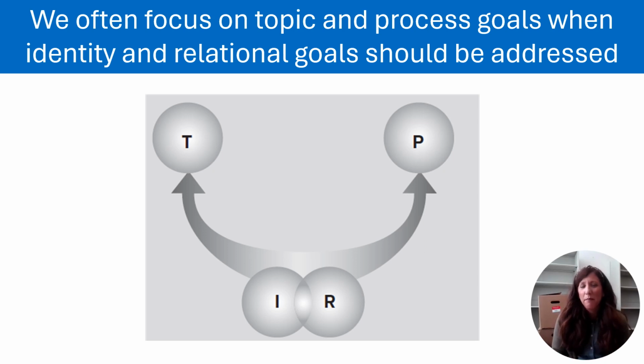Odds are what might be happening is you found yourself focused on a topic or some kind of content that may have felt important at the moment, but it's probably not really what the main issue is. What the main issue is that underlying relational and identity stuff that you've been kind of circling or afraid to discuss. This came up in our last chapter, and it's come up again in this chapter, and it's this notion of these serial arguments or these perpetual conflicts, right?